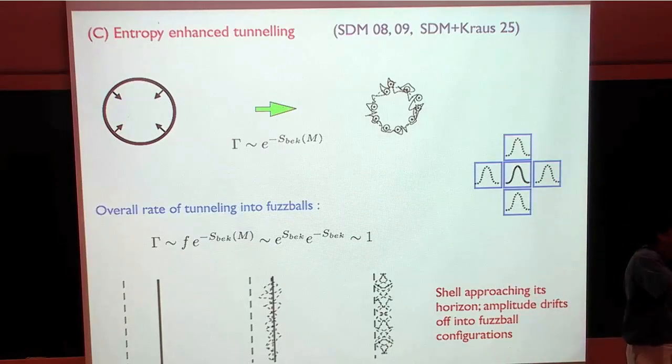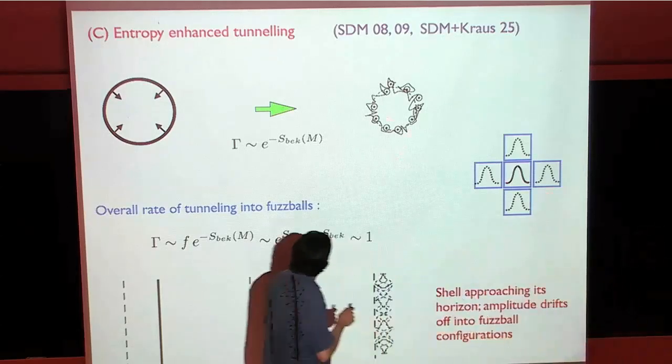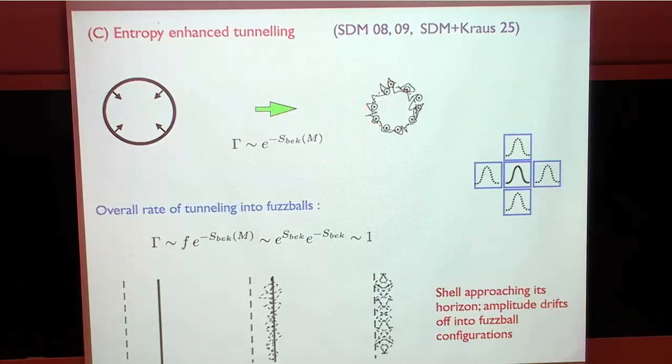There's no transition amplitude to even ask about. If you have these states, let's at least ask: if I have a shell which is collapsing, is there any amplitude for transition into this state? I can at least ask the question, right? If I ask the question, I have to then compute the amplitude for transitioning, some kind of a rate. And then after I ask the rate, I have to also say how many states there are, because you multiply by the degeneracy of final states, and all one was saying was the observation that those numbers cancel.